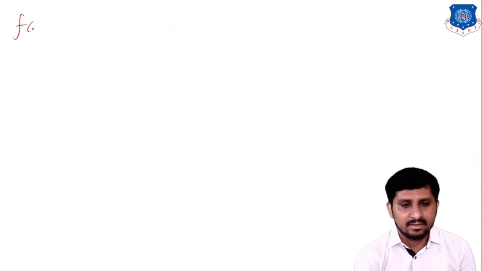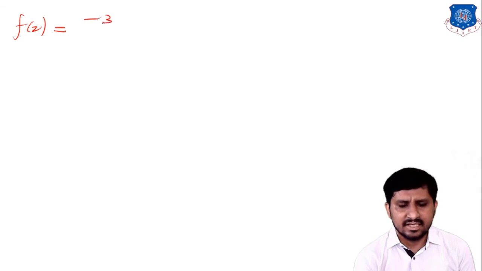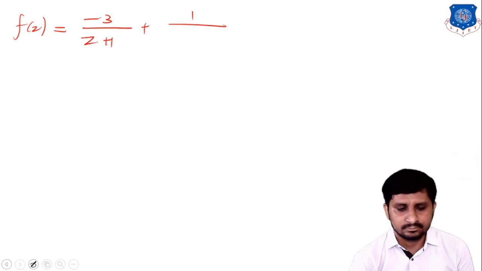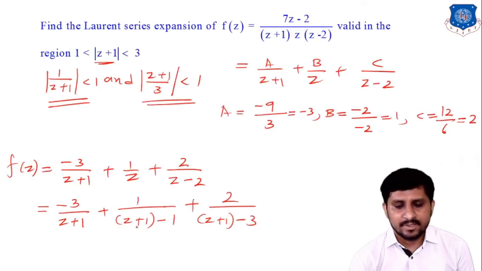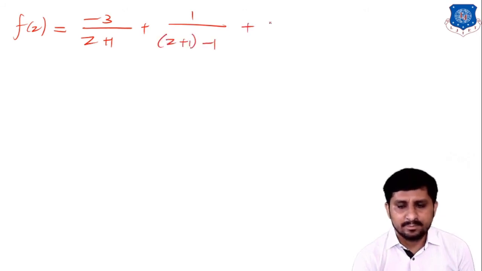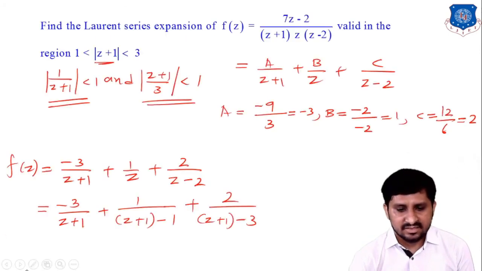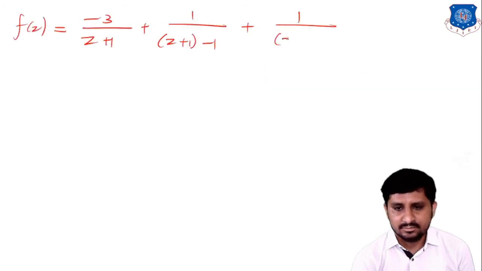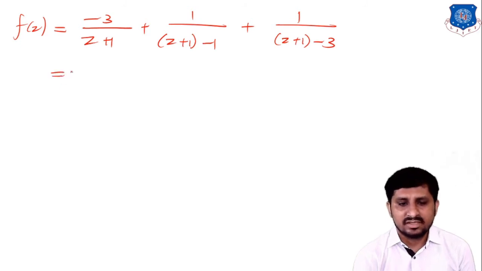So f of z is equal to minus 3 upon z plus 1 plus 1 upon z plus 1 minus 1, and plus 1 upon z plus 1 minus 3. So this first term is as it is, minus 3 upon z plus 1.